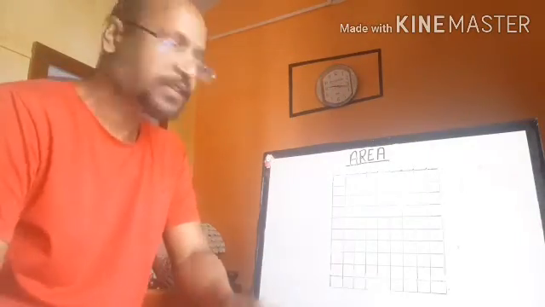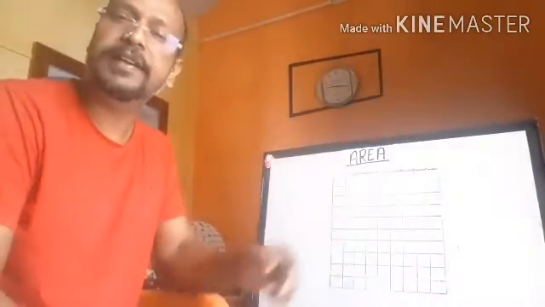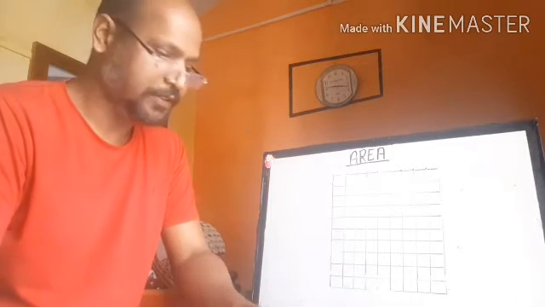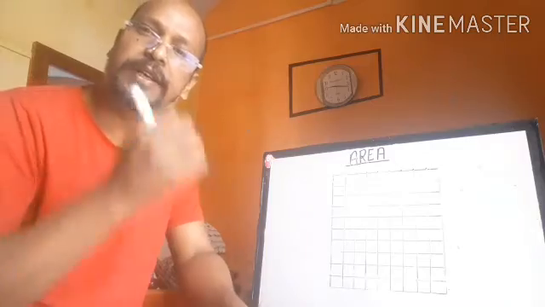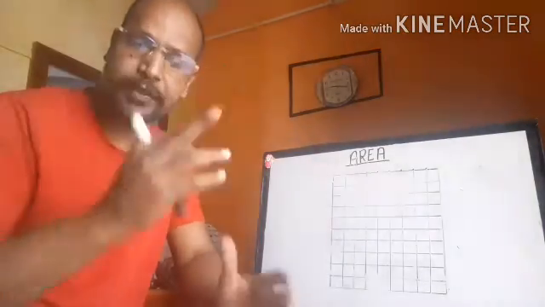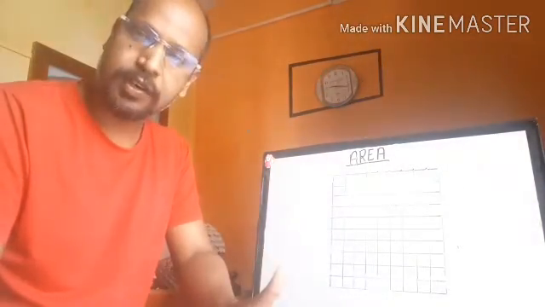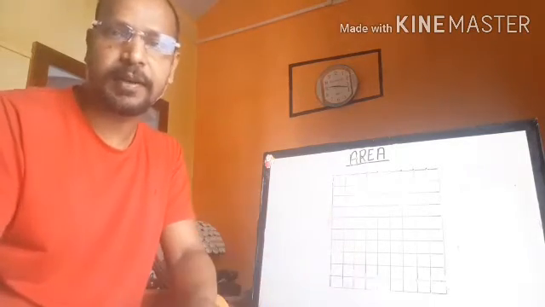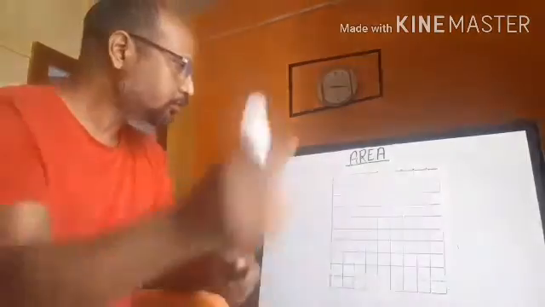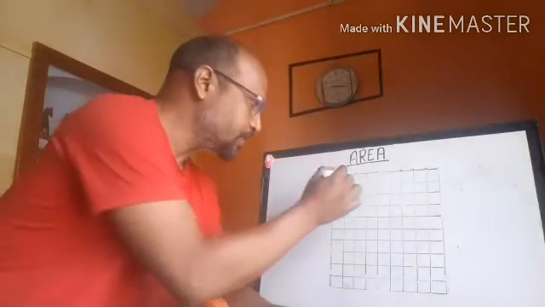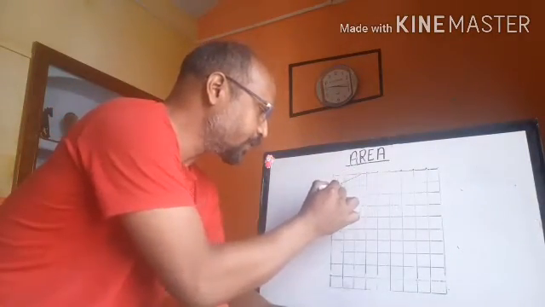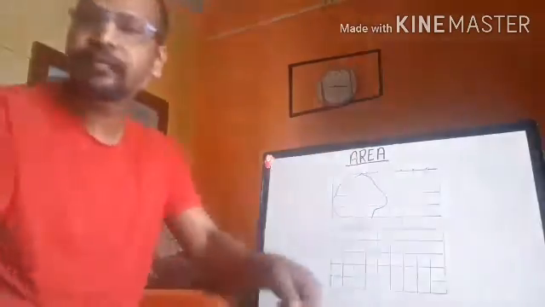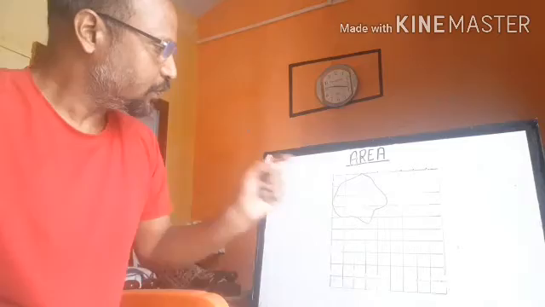Okay guys, so here I have a graph paper on my board. Suppose you want to calculate the area of any figure, so just draw the outline of that figure on this graph paper. Suppose I am going to calculate the area of this irregular figure. So what will I do?